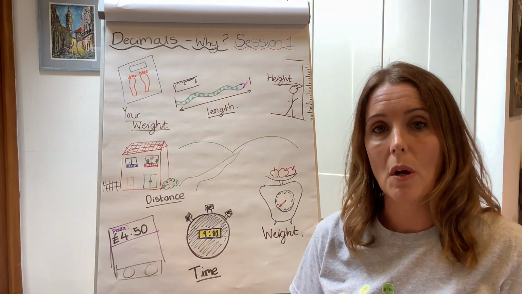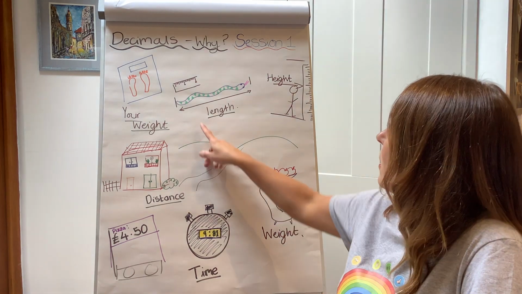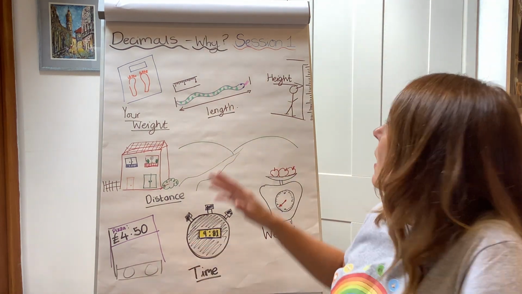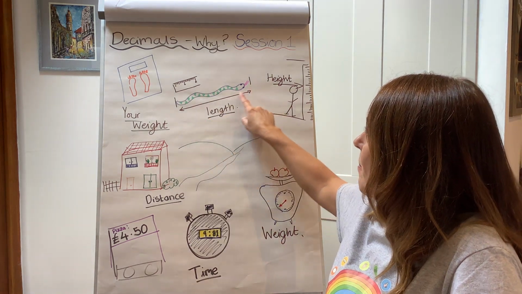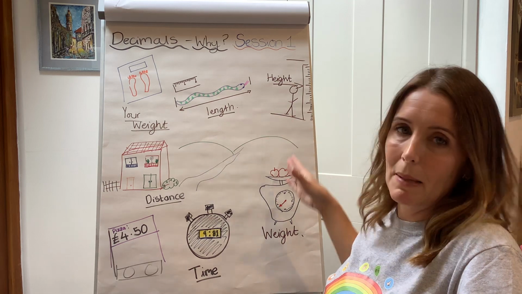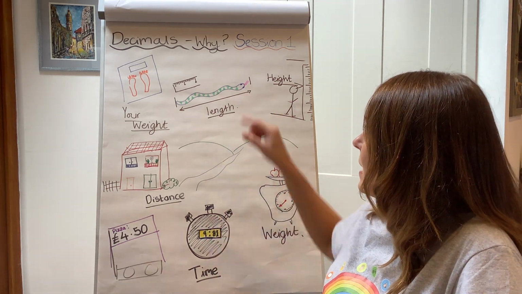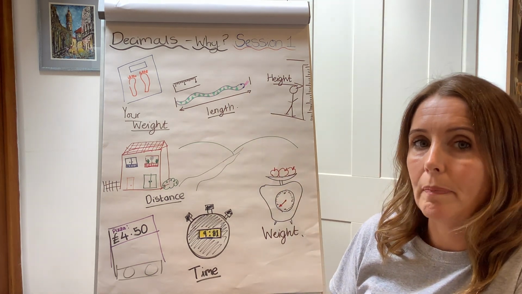So we need to be able to see what those little bits extra are. And when we're looking at the length of something, particularly when we're comparing lengths, we might want to be able to look at this length of something and measure it in centimetres and millimetres so that we can see how many centimetres, how many parts of a centimetre one is longer than the other.